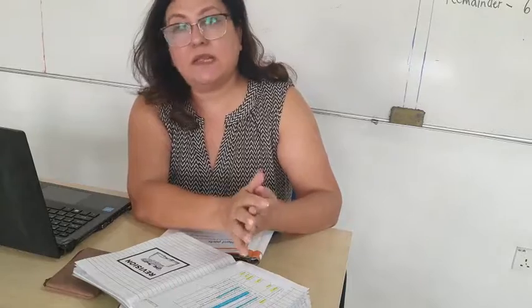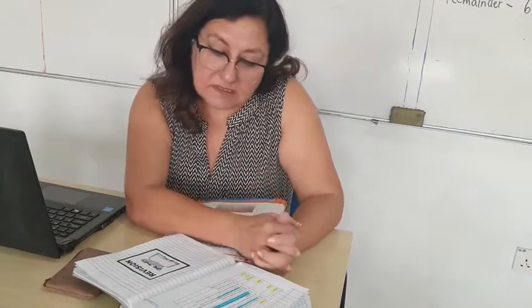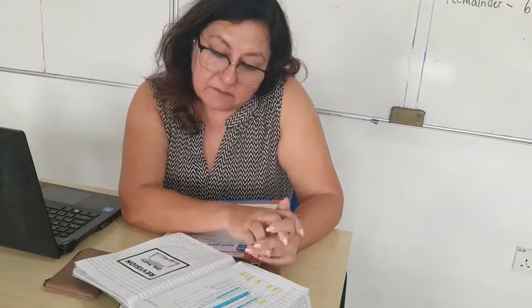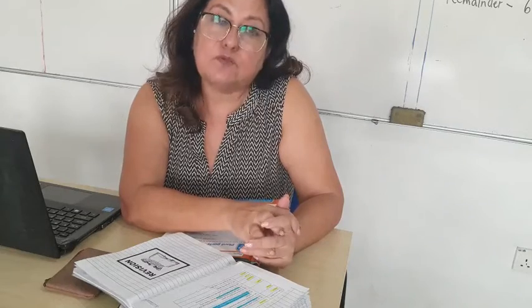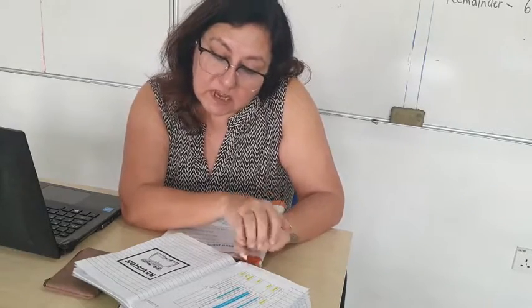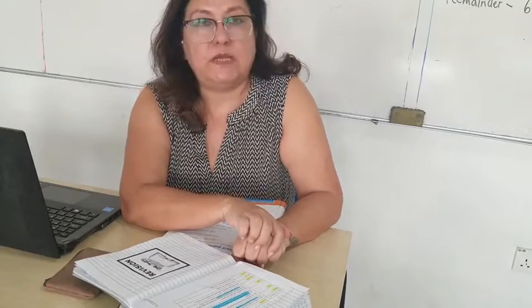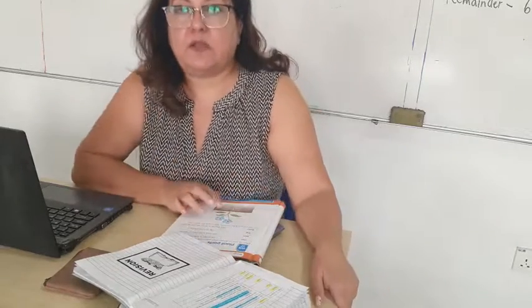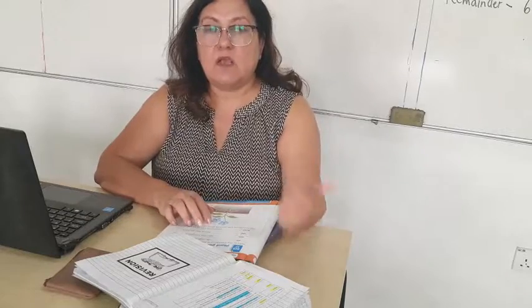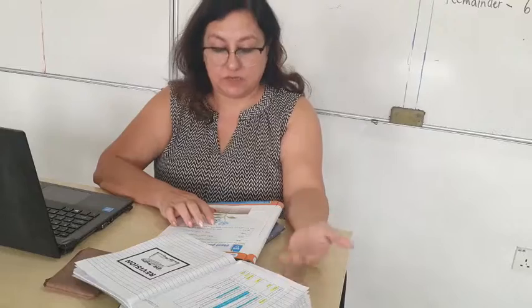Then the next one is the stem. What does the stem do? It carries water and nutrients from the soil or from the roots to the leaves. You can write it simply.